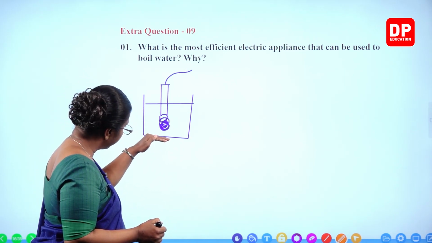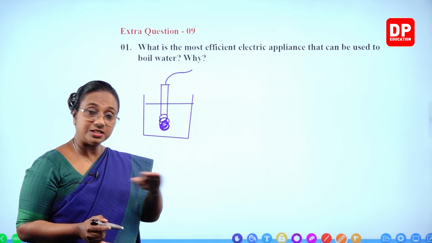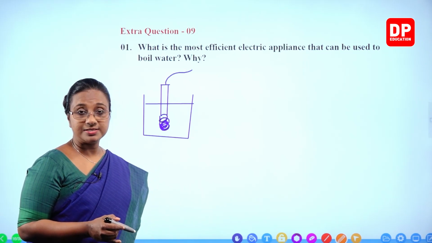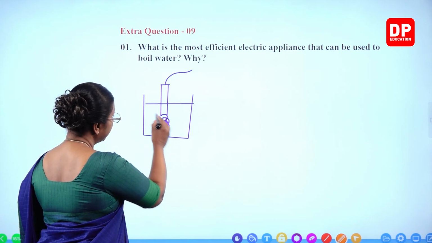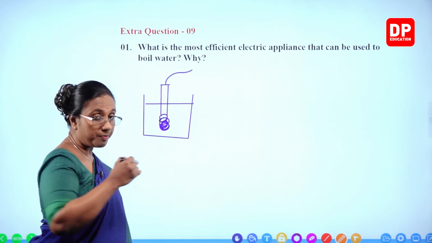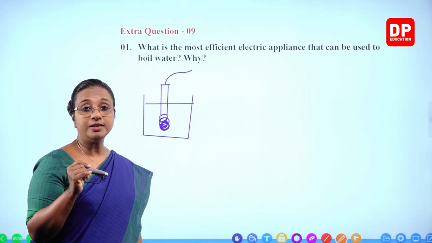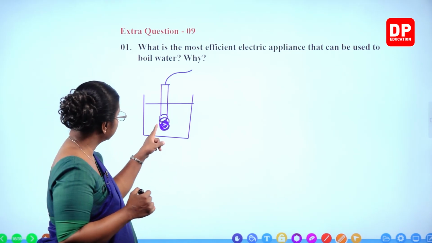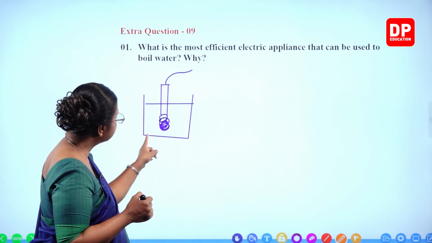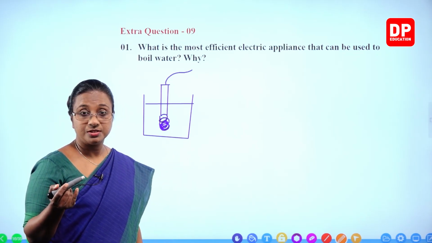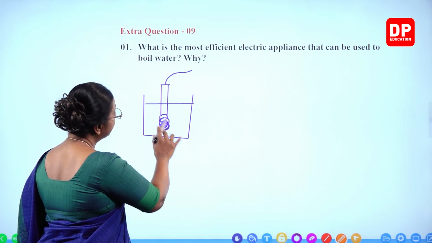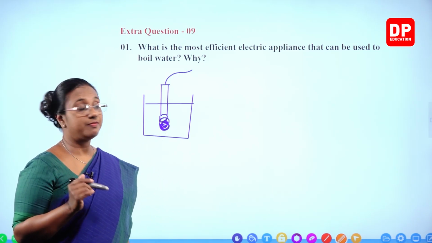And if you bring it right to the bottom and touch the bottom surface of the vessel, it is even more efficient. Because by conduction, heat is given from bottom to top inside water, and all the heat that is produced by the heater is transferred to water. There is no heat loss. So that is why the immersion heater is the most efficient one.